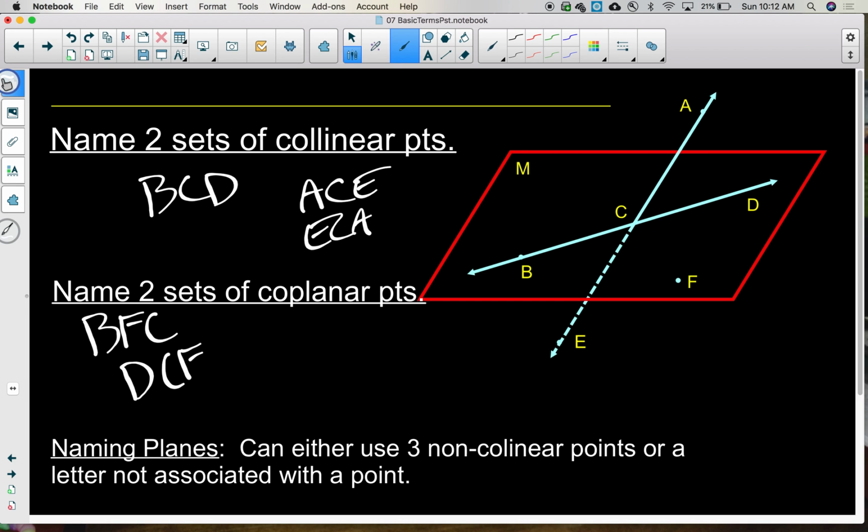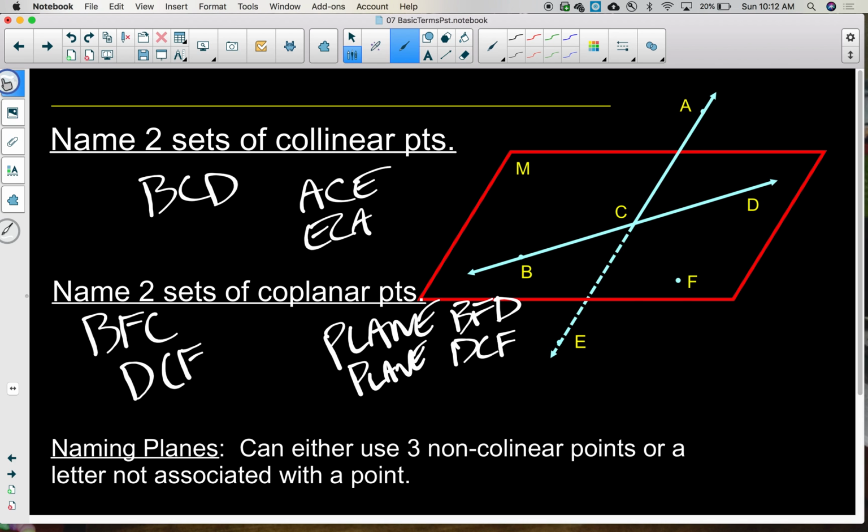Naming a plane, you can either use three non-collinear points or a letter not associated with a point. Here's what I mean, and please pay attention to the notation here. We could call this plane BFD. We could call it plane, notice I'm writing out the word plane here, DCF.